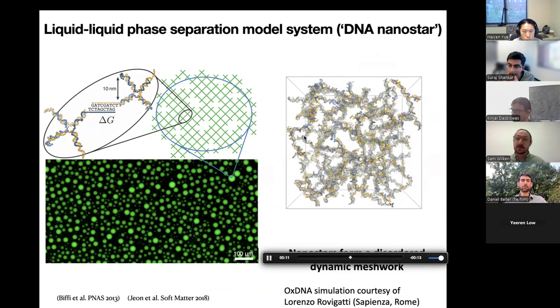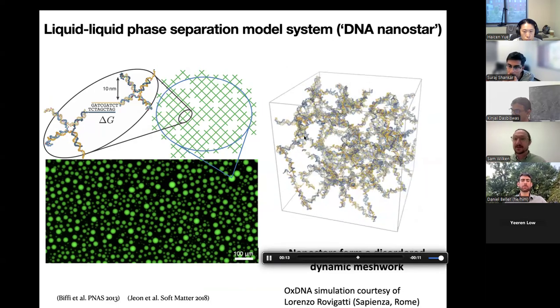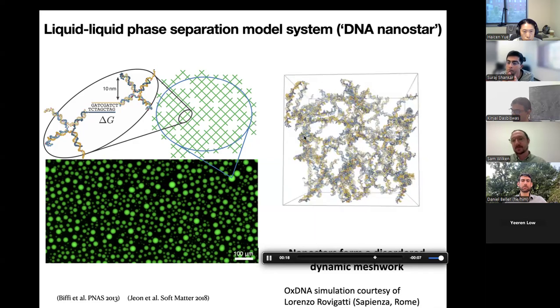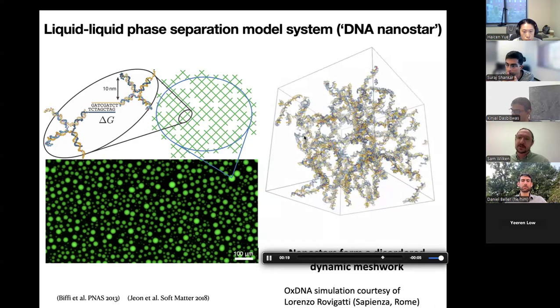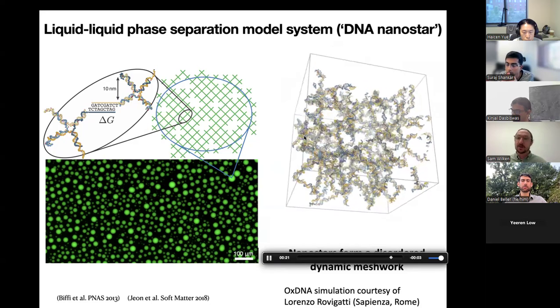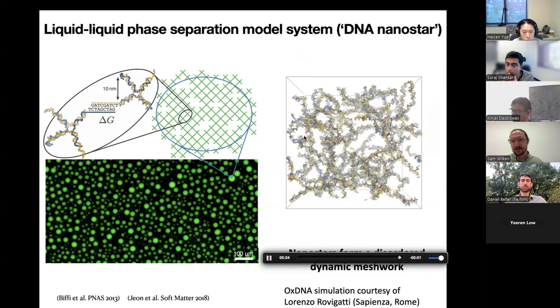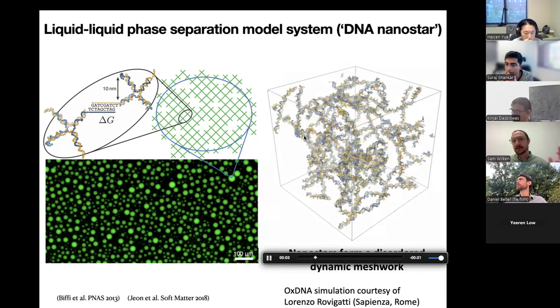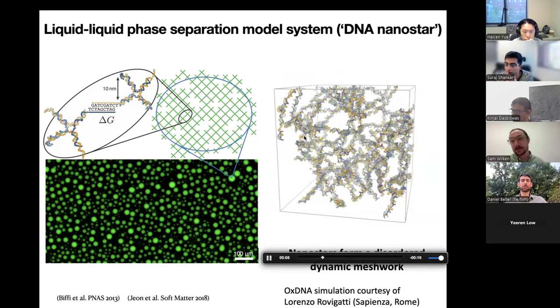And so actually one of the real successes of this kind of model system is they call this an empty liquid based on Francesco Sciortino's patchy colloid theory, in which, if you have 2 plus epsilon sticky patches, you can get a liquid with zero density, sort of the idea.